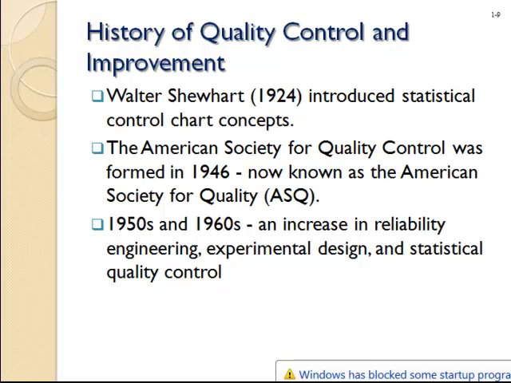And after the Second World War, the American Society for Quality was formed, and from then the quality function came into practice widely. In the 1950s and 60s, some other areas of quality control, such as reliability engineering, experimental design, and statistical quality control, developed.